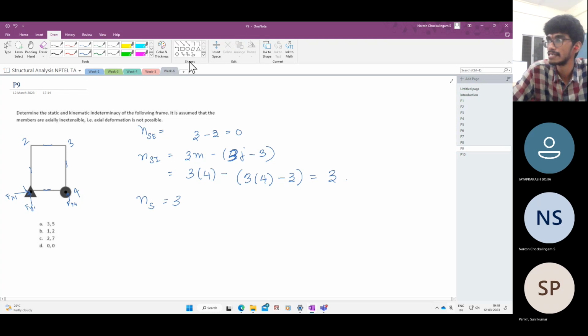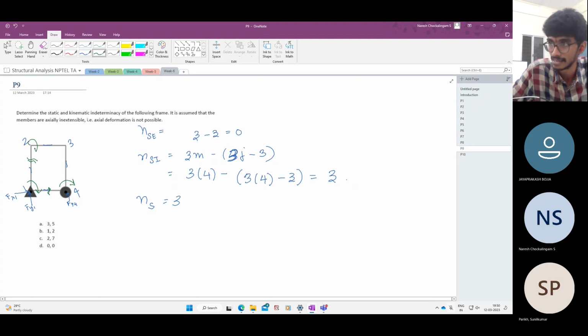What is the degree of kinematic indeterminacy? So how many unknowns do we have? Here we have an unknown rotation, horizontal and vertical are fixed. Can this move horizontally? No, because this is inextensible. Can it move vertically? No, because there's a support reaction. So this can only rotate. Coming to this point, can it move vertically? No, because this is inextensible.